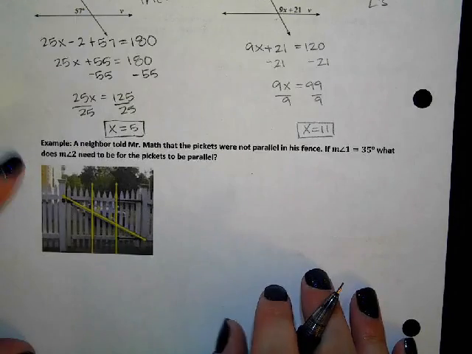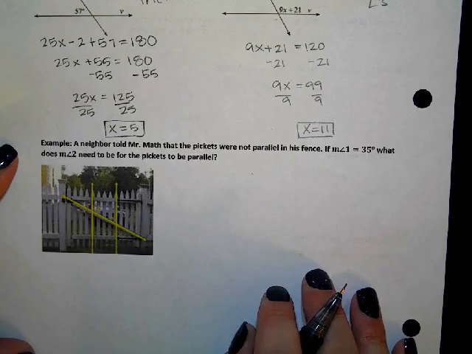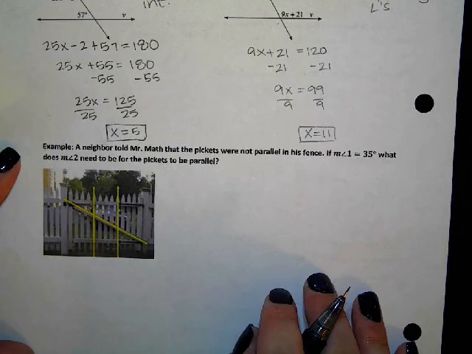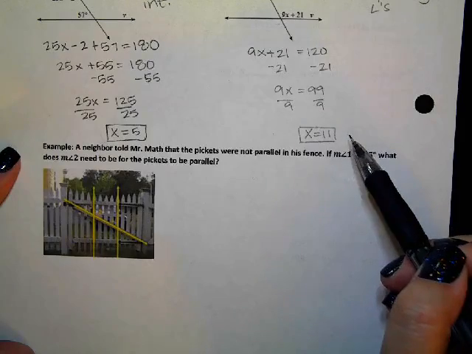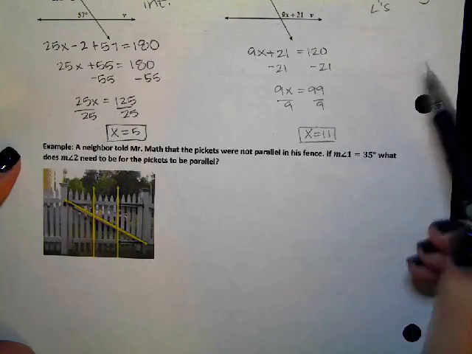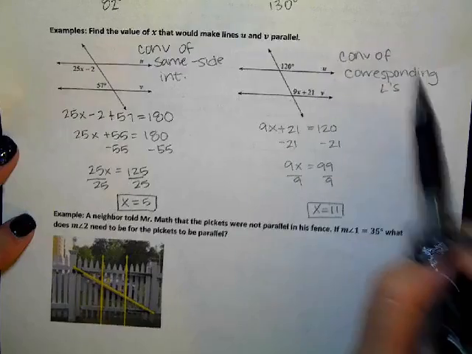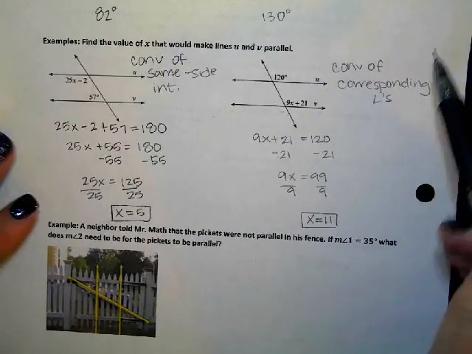Subtract 21. What's it called? Converse of corresponding. Subtract 21 from each side. No, like corresponding or the side interior. Oh, these? Yeah. You don't know how to say these? No. Like, you don't remember them. Oh, the names of the things. That's fair.